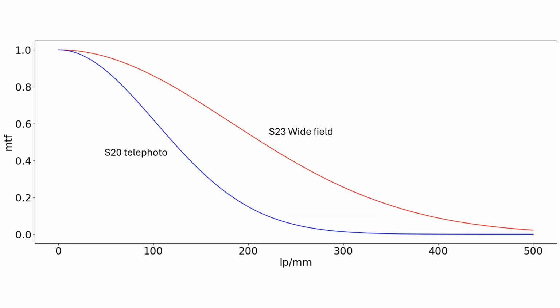Here's a comparison of the measured MTF for the S23 wide field imager and the telephoto. The telephoto, of course, has higher apparent angular resolution because it's got a narrow field of view, and you zoom in. But of course, the angular resolution of an imaging system is not directly related to the MTF. This is image space MTF, and it's telling us the F number, basically, what is lambda F for this system after we've accounted for the distortion of the lens.